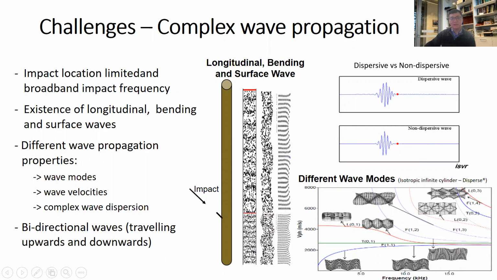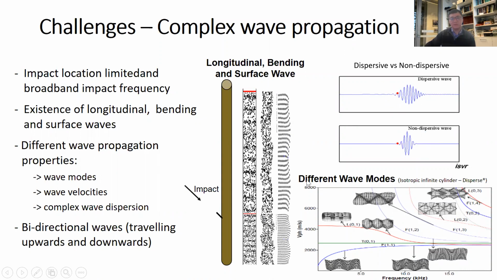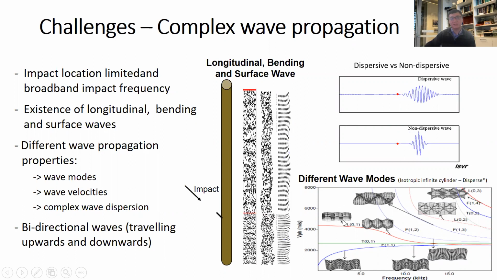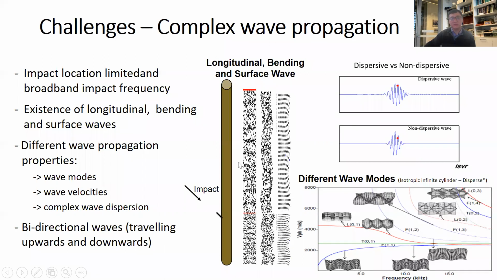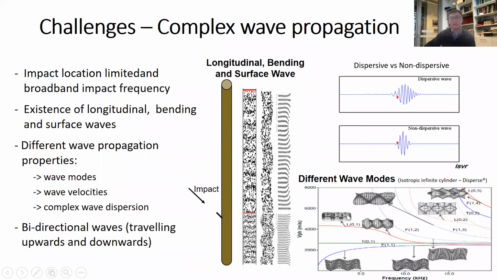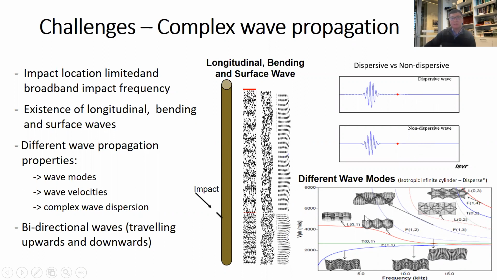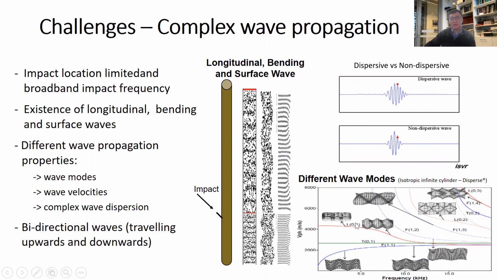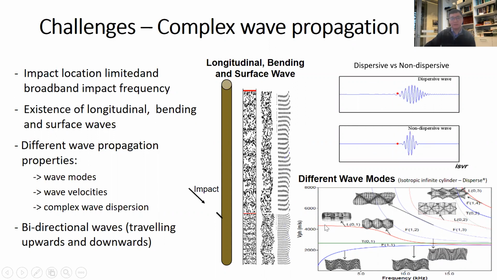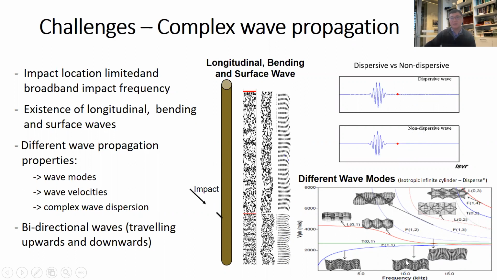If you study a little bit deeper into wave propagation and wave modes, you realize you have more than one type of wave mode. Even the longitudinal, which is the P wave, could have more than one type. The P wave is non-dispersive, meaning the velocity doesn't change along different frequencies. Other types of wave are dispersive.